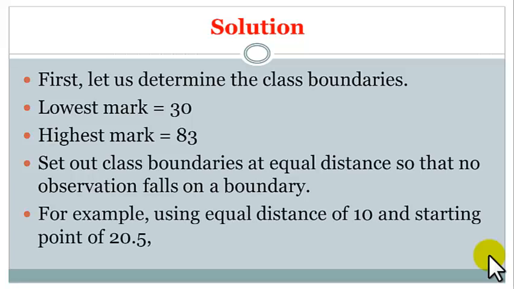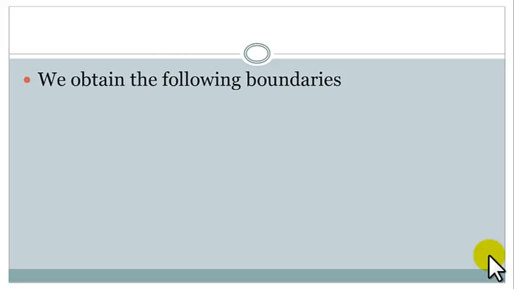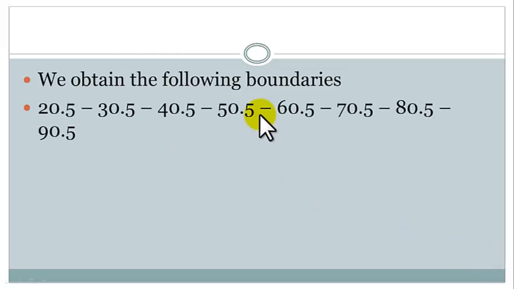For example, using equal distance of 10 and starting point of 20.5, we obtain the following class boundaries: 20.5 to 30.5 to 40.5 to 50.5 to 60.5 to 70.5 to 80.5 and finally to 90.5.